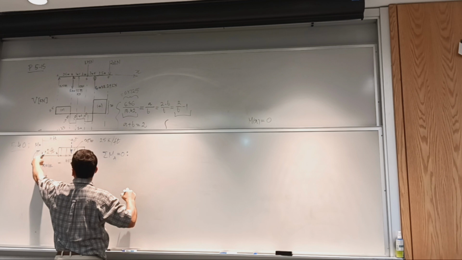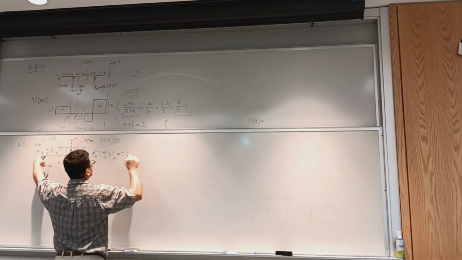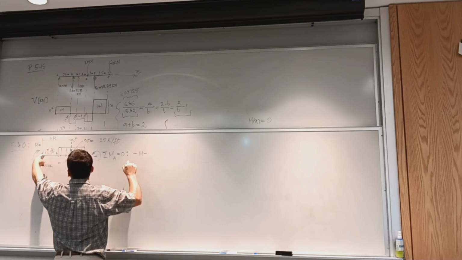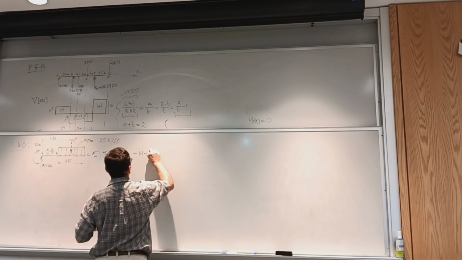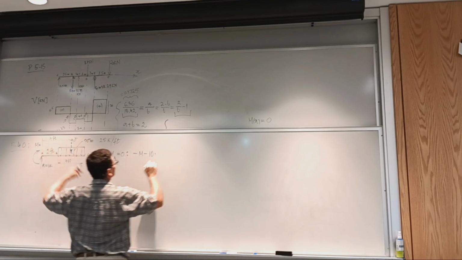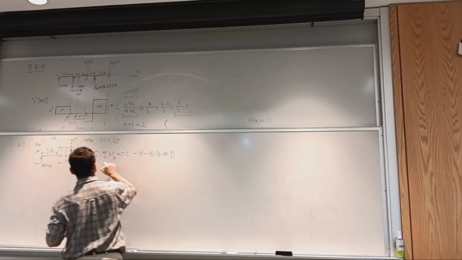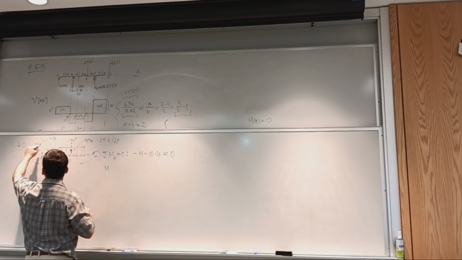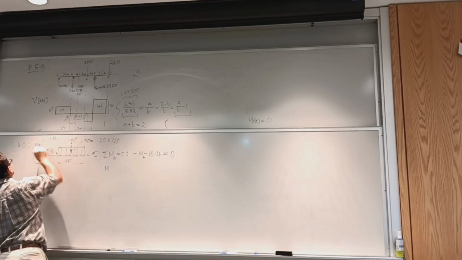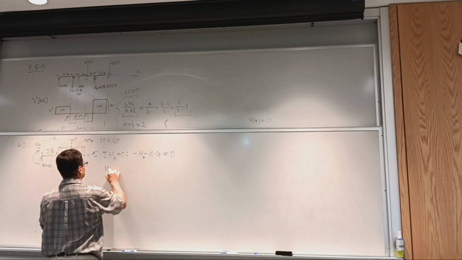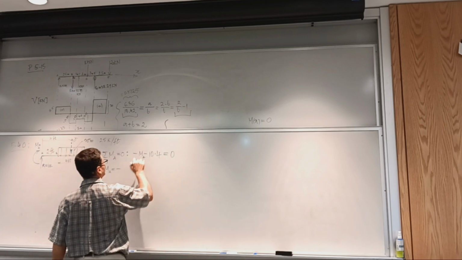I'm assuming positive for a moment as usual. So it'll be negative M, and then negative 10 times this distance equals 0. So M at A is going to be negative 10 times 4, that's 40.